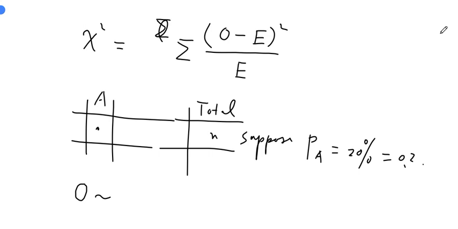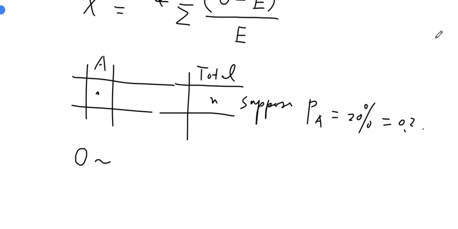Based on this percentage, E equals n times this p, right? This percentage, 20%, multiplied by n. But the observed value can change. So this actually follows a binomial distribution. For n students, each student can get A or not A, right?